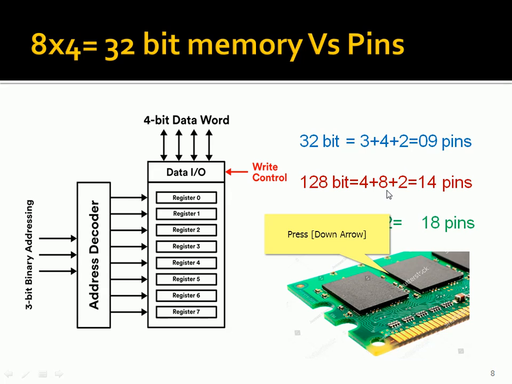For 1 kilobyte, that is 2 power 10, which is 1024, plus 8-bit data and 2 bits for ground and supply, altogether it will be 20 pins. So a total of 20 pins will be essential to construct 1 kilobyte of memory. So number of pins and size we have observed here.